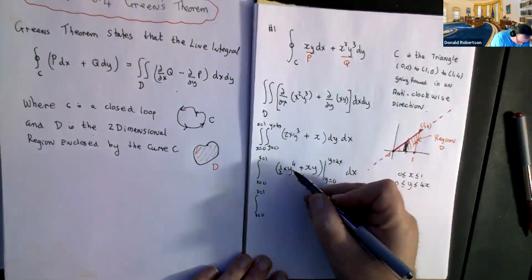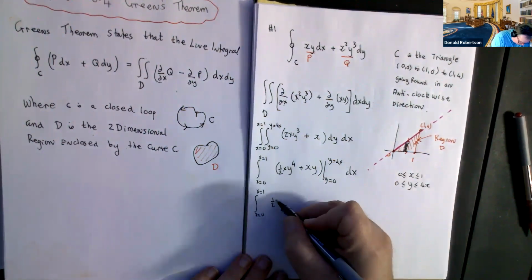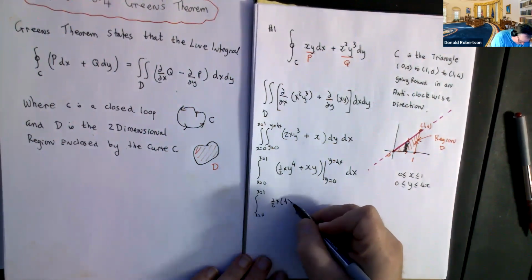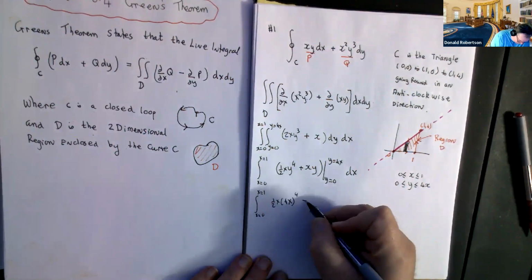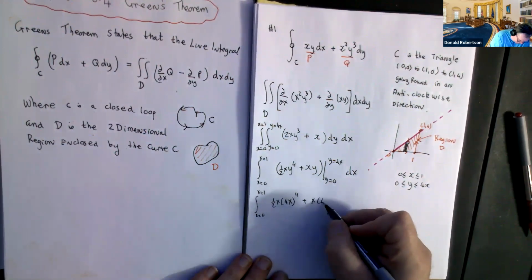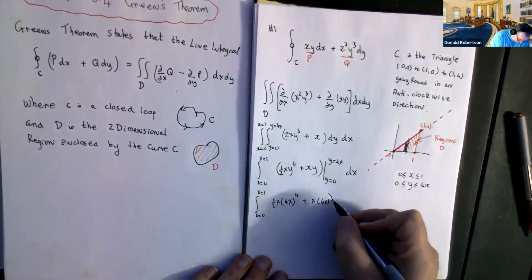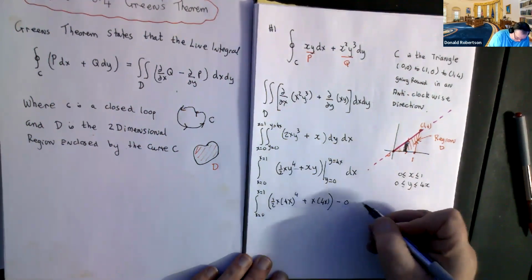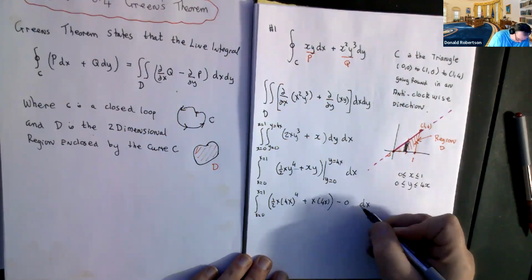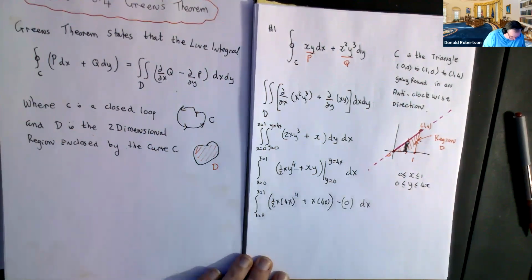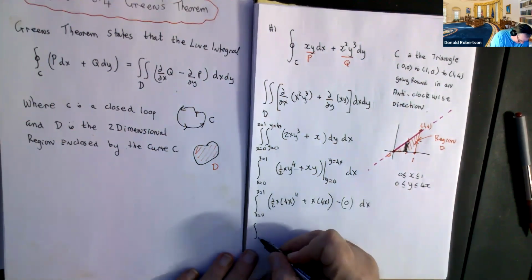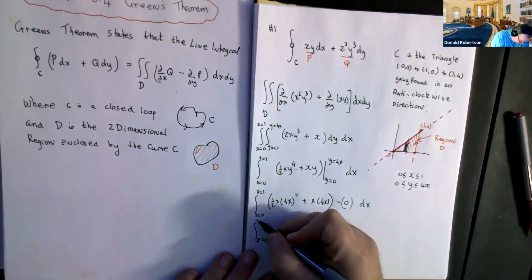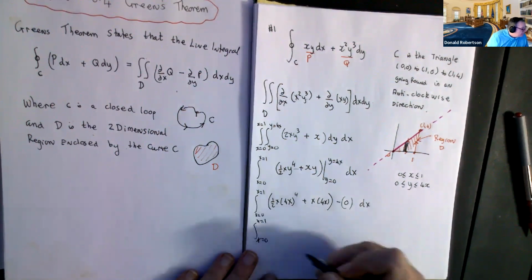Okay, if you plug in 4x here, you get 1/2 x, 4x to the power of 4, plus x times 4x. Take away a whole load of zeros. So it's going to be x equals 0 to x equals 1.